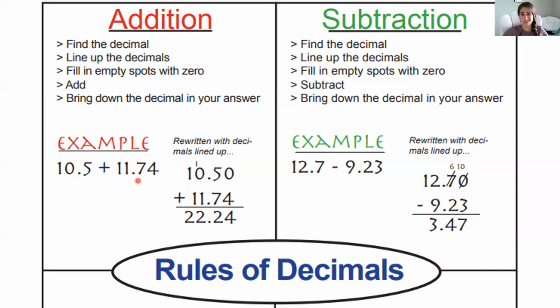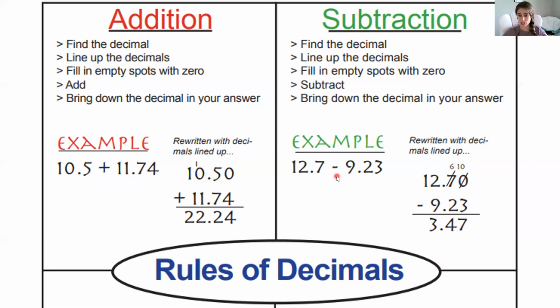Since you're adding, it doesn't matter which number goes first. But what does matter is the decimal points needed to be lined up, so a 0 needed to be added as a placeholder. And then just add straight down, bring your decimal down, and you're good to go.